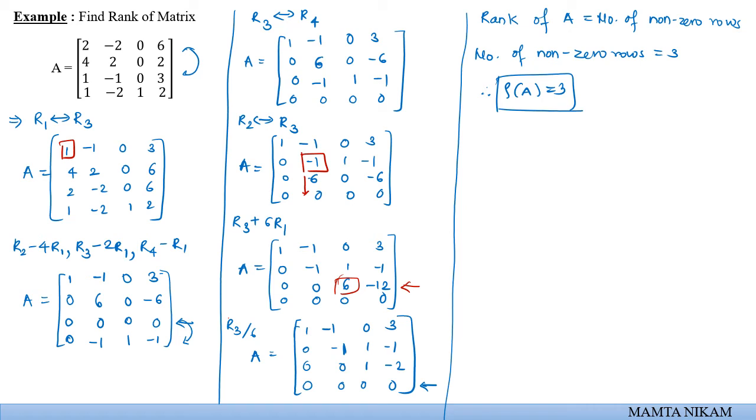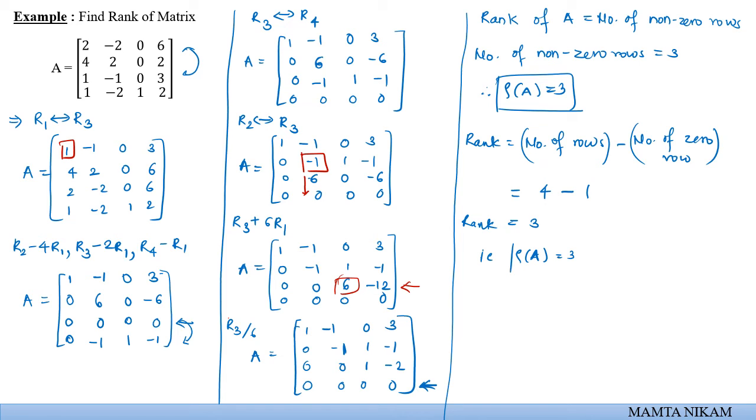Also you can write this as the number of rows given in the matrix minus the number of 0 rows we obtain. The total number of rows in the matrix is 4. The number of 0 rows, this last row, is 1, and therefore the rank of the given matrix is equal to 3.